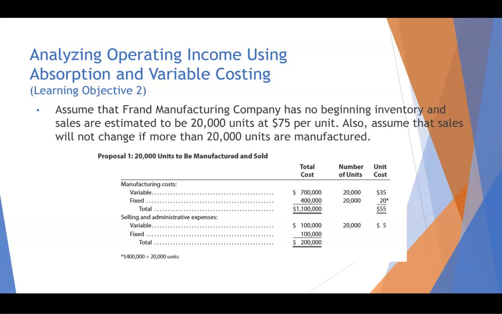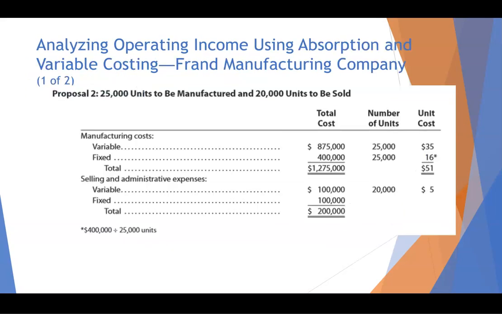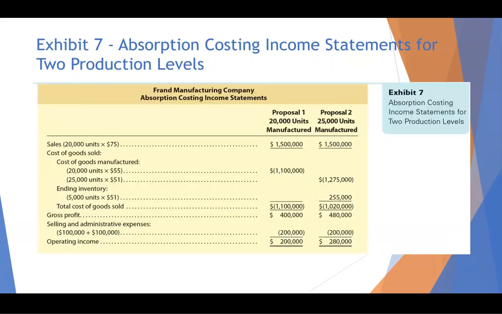Also assume that sales will not change if more than 20,000 units are manufactured. So our proposal under this method is 25,000 units to be manufactured and 20,000 units would be sold.